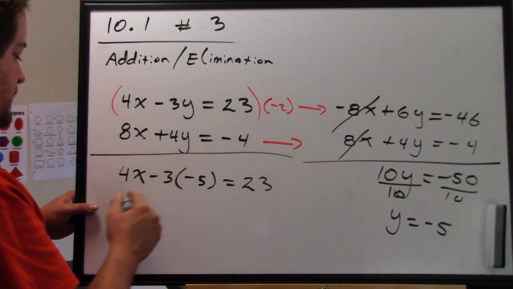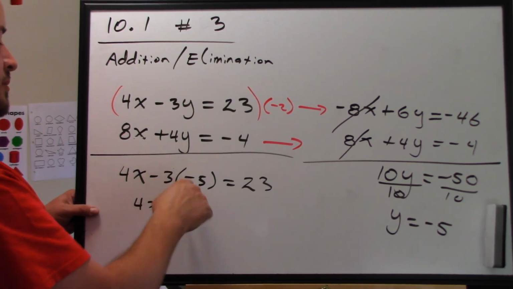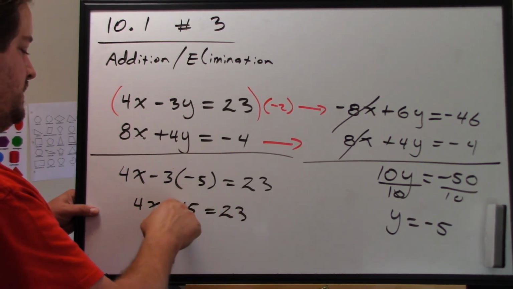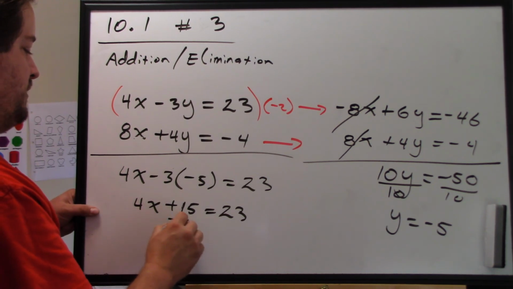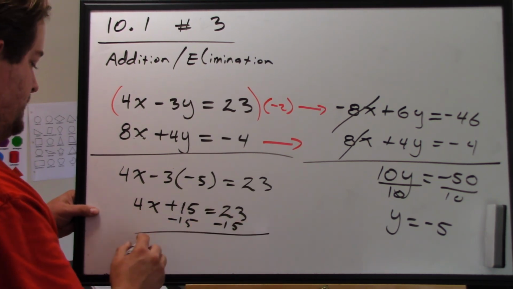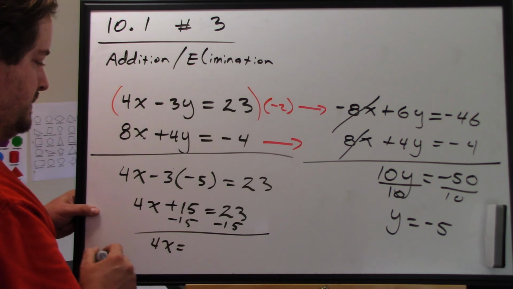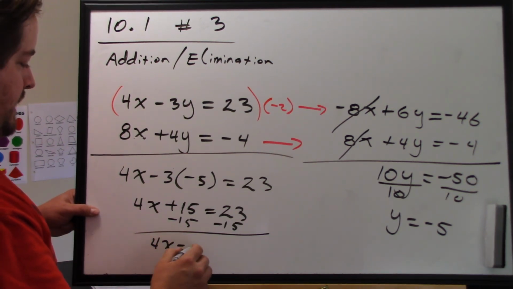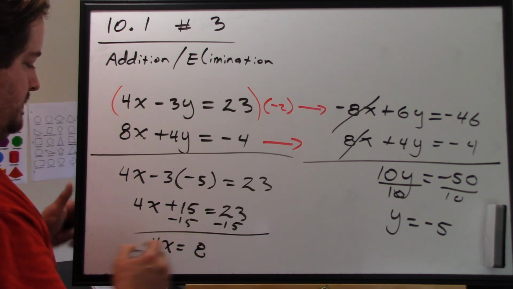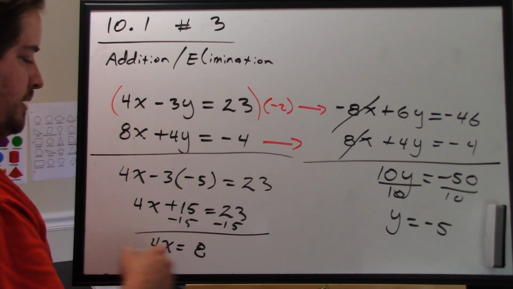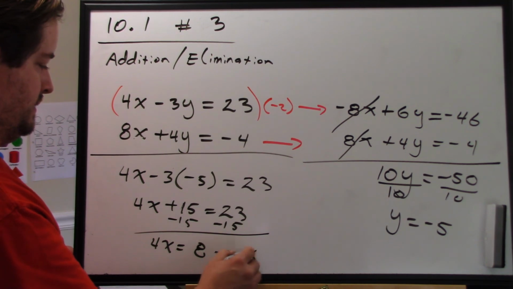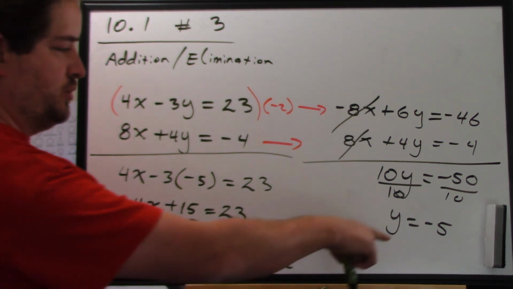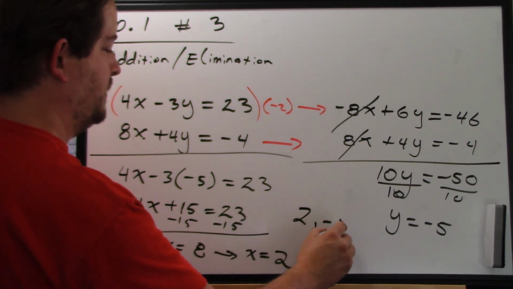So this turns out to be 4x plus 15 is equal to 23. Minus 15 from both sides gives me 4x is 8. Divide each side by 4. And I have it. So my ordered pair is 2, negative 5.